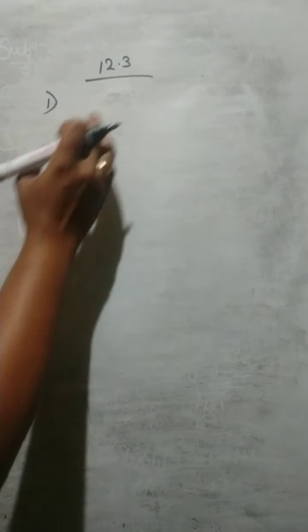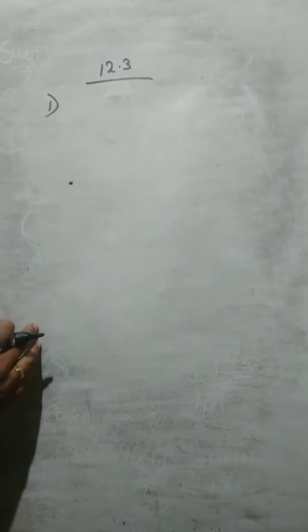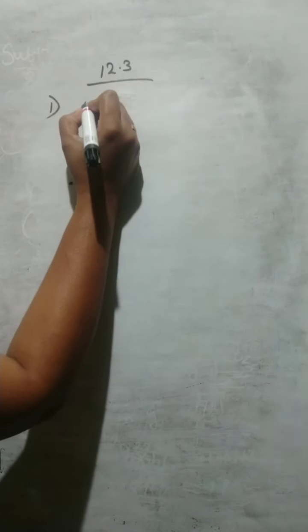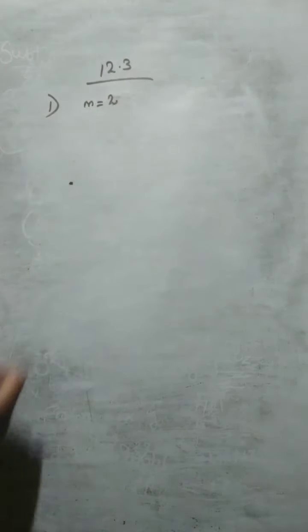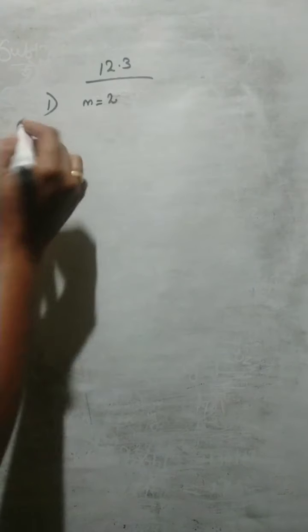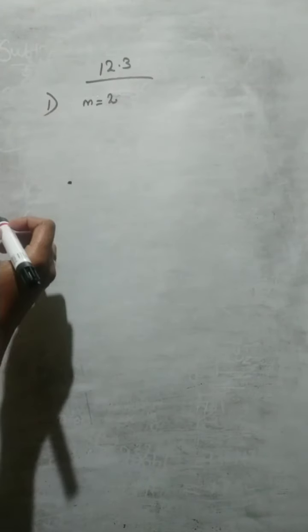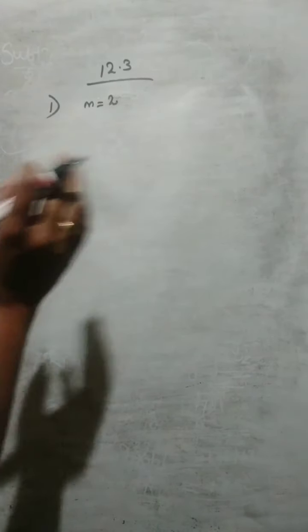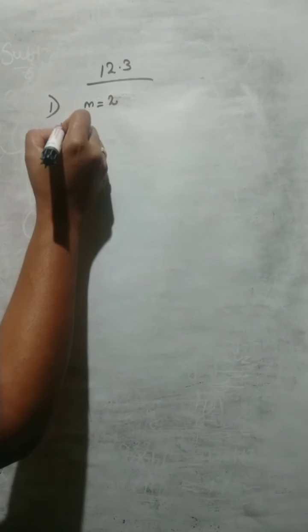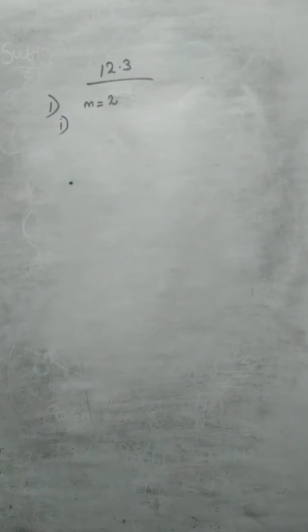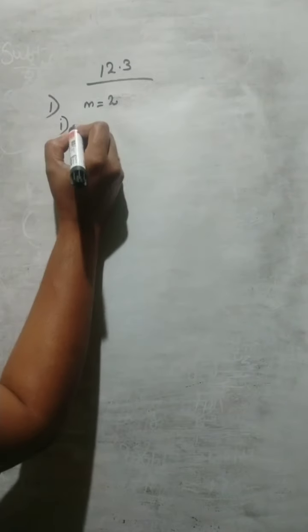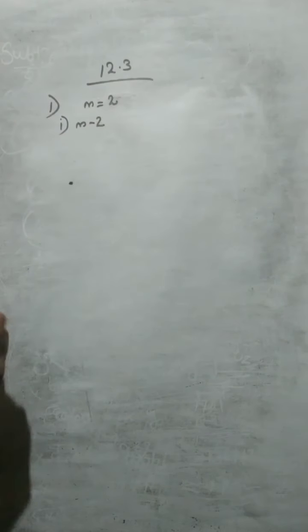Now we can discuss exercise 12.3, group 1. Here the value of m is given as 2. If m is equal to 2, find the value of the following. Here 5 questions are there. We can try to solve them. First, m minus 2. We have to find the value of m minus 2.